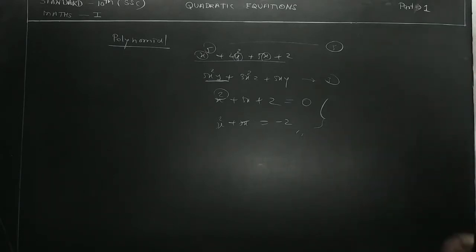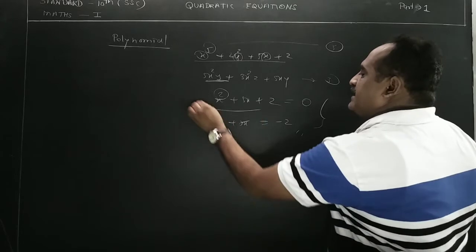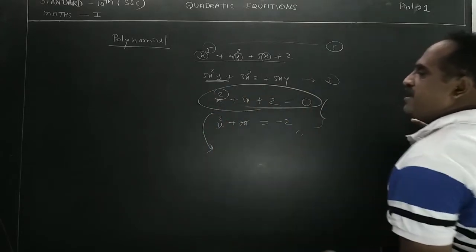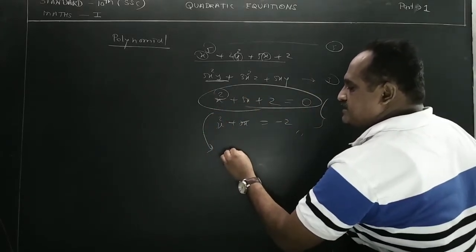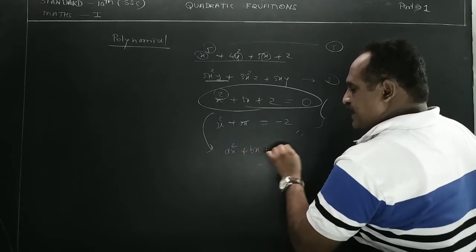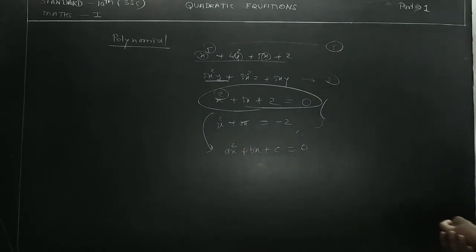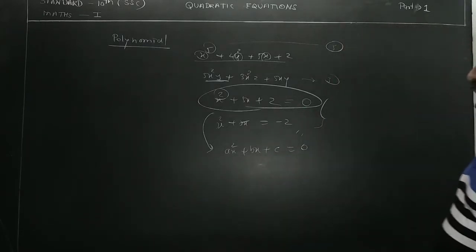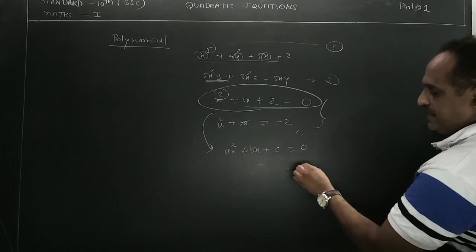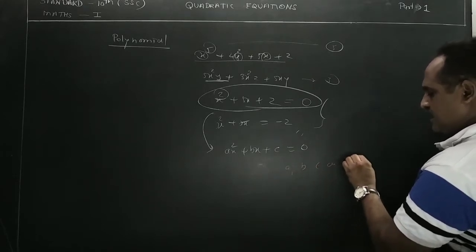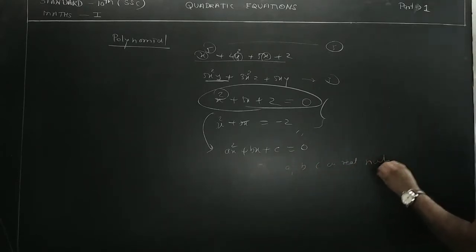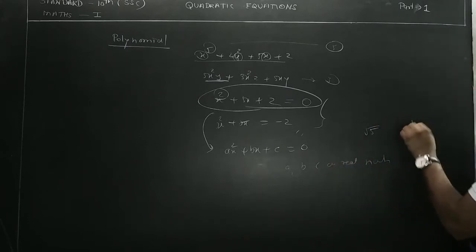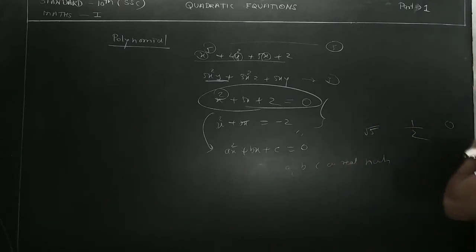Generally it is represented like this. The general form of quadratic equation is ax square plus bx plus c is equal to 0, where a, b, c are real numbers. Real numbers means they may be roots, they may be fractions, they may be 0 also. But one condition is there: a should not be 0.